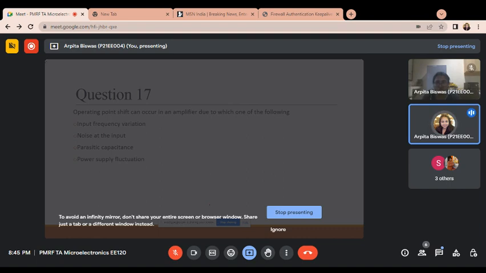So next question: operating point shift can occur in an amplifier due to which of the following? Input frequency variation, noise at the input, parasitic capacitance, or power supply fluctuation. Parasitics means the internal capacitors. I think you already know about the parasitic capacitors.